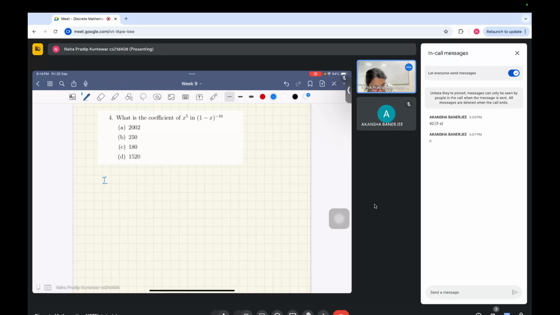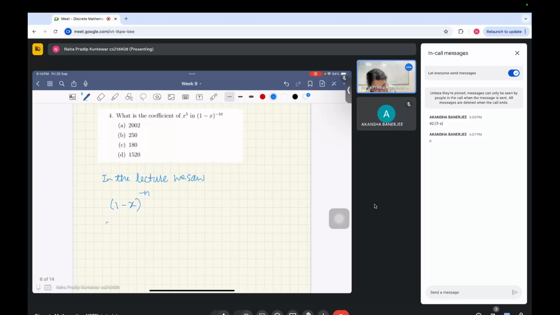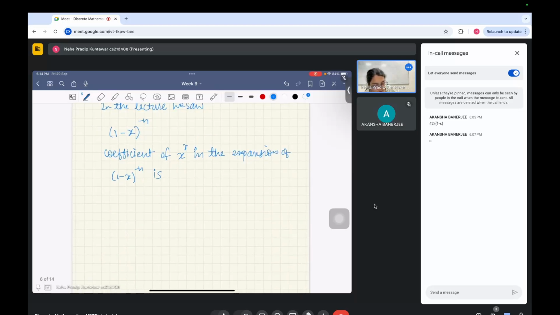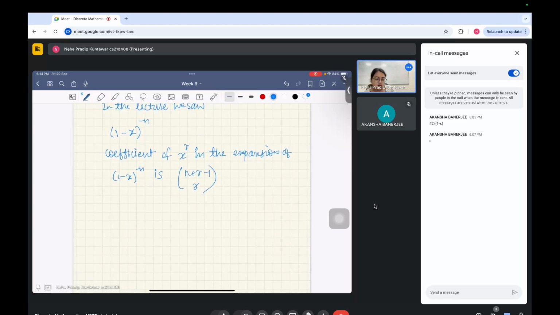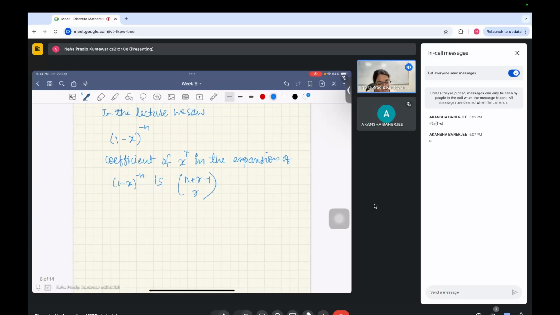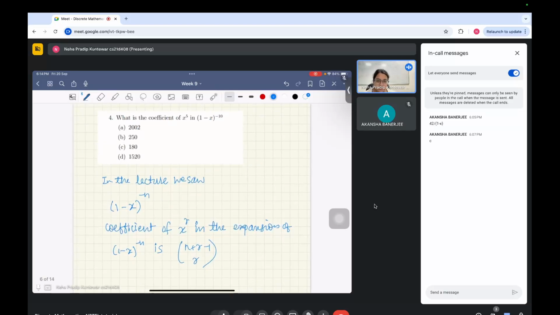In the lectures we saw that if you look at 1 minus x to the minus n, where n is a positive integer, then if you expand this, the coefficient of x to the r in the expansion of 1 minus x to the minus n is given by n plus r minus 1, choose r. So this is the formula that we saw in class. Using that, can you try to solve this one?